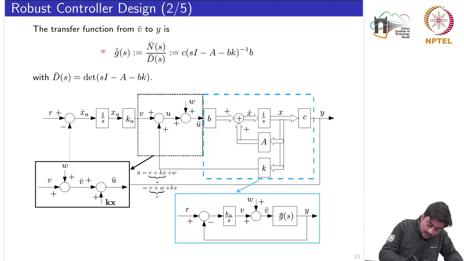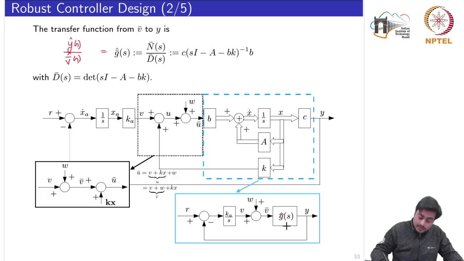Let's write it clearly so that things become clear. The output is ŷ(s) and the input is v̄̂(s) in the frequency domain. So we have replaced from here to here with this small block G bar hat, whose input is v bar and the output is y.